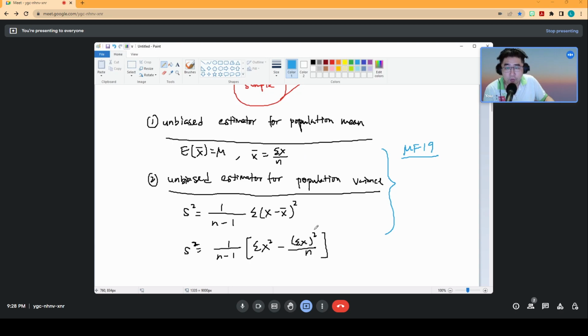The proof for this formula we will discuss when we go further into stats later.